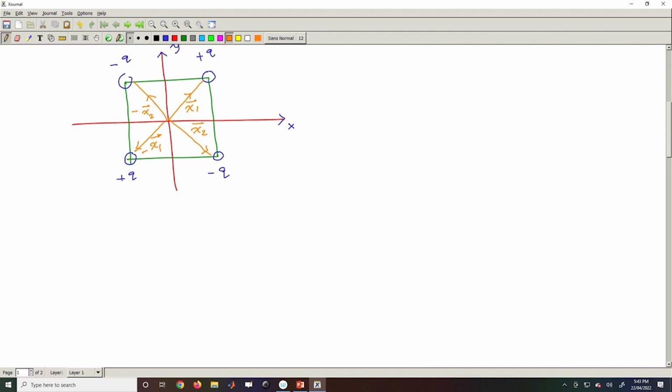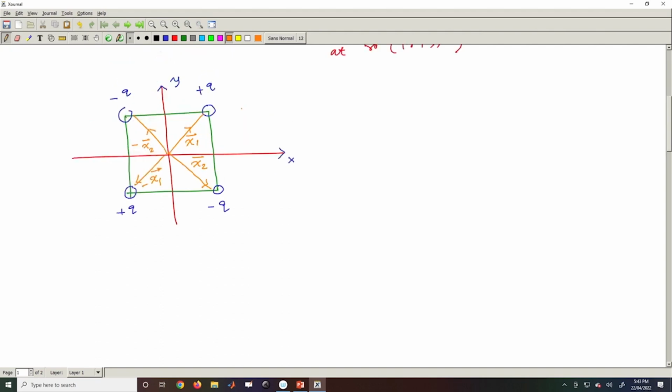So, I can find out the position vectors very easily, because I know the coordinates here. Since I already mentioned that from here to here it is a, and from here to here this is a, they are forming a box like that. So, here the coordinate is a by 2, a by 2.